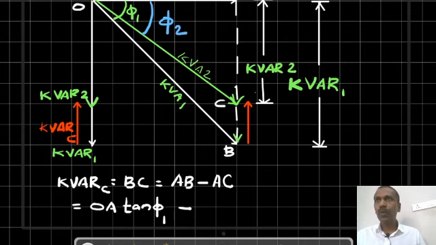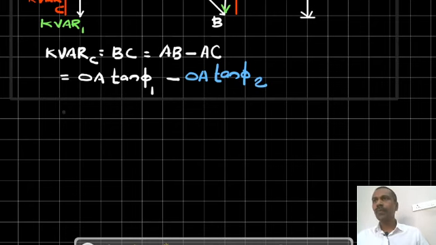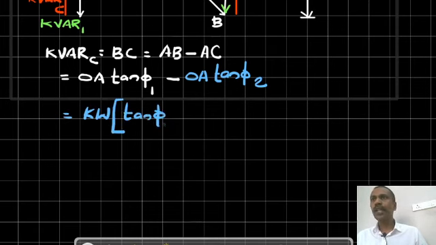AC is equal to OA into tan phi 2. OA is our active power. So this is kW into tan phi 1 minus tan phi 2.